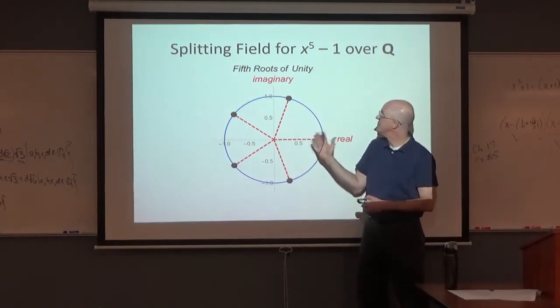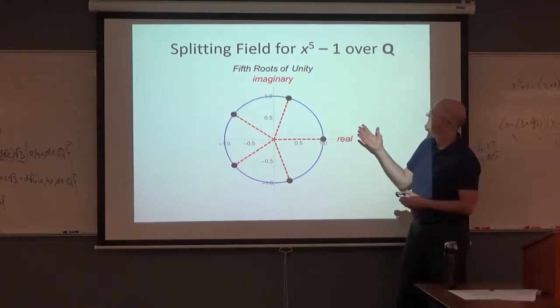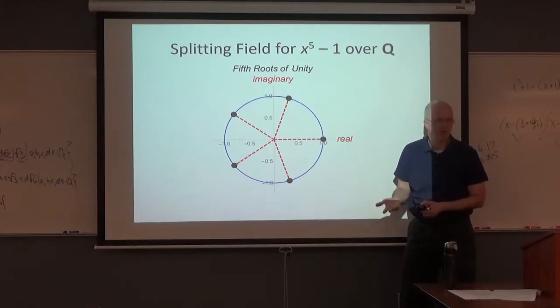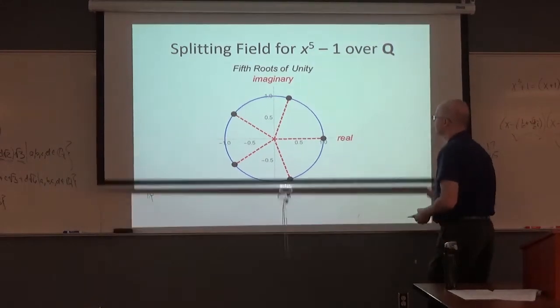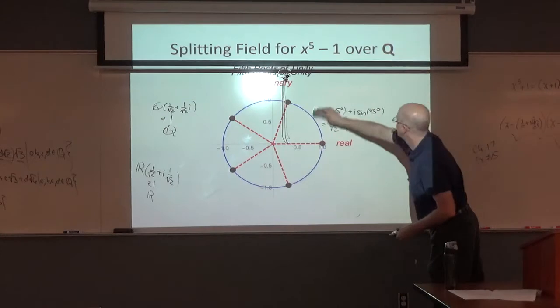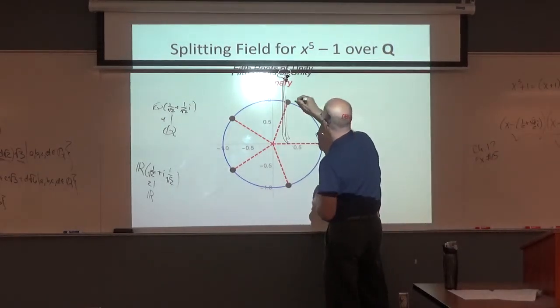And so if you write Q, I don't have an R here, just a Q, Q adjoin these 5 roots, that would be a splitting field for this. Though you might hope you can write it in a simpler form. And it would turn out that that simpler form would be Q adjoined one of these, say this one right there.